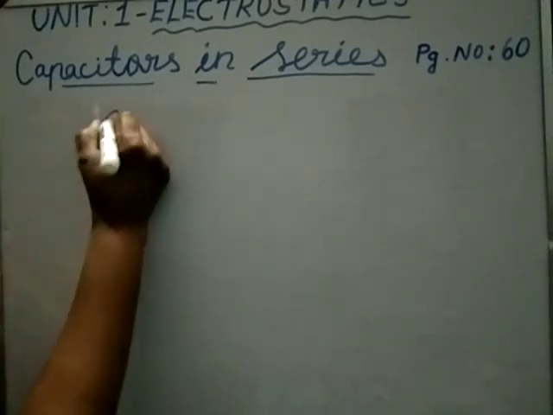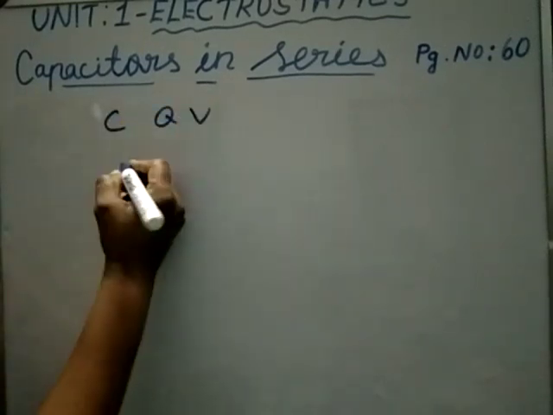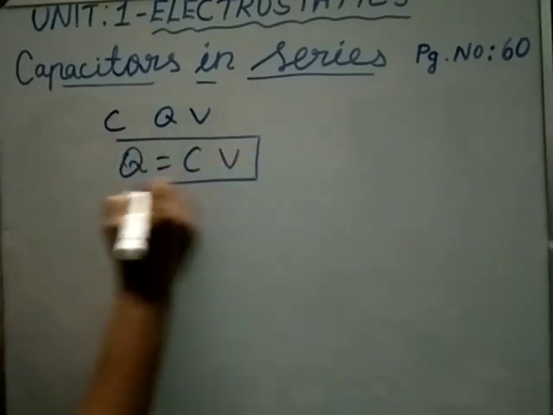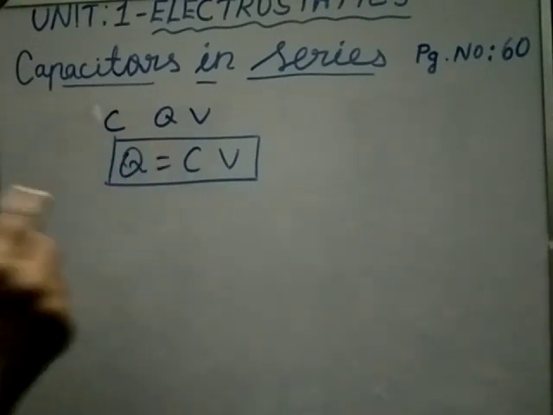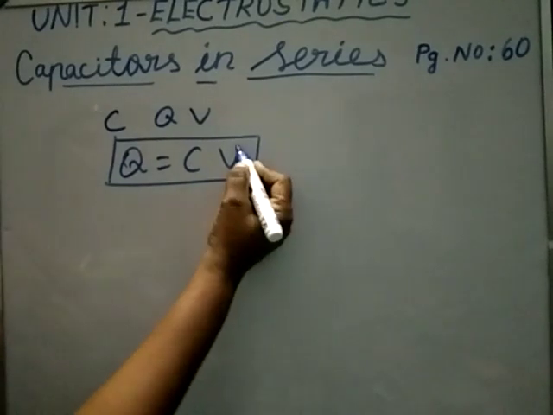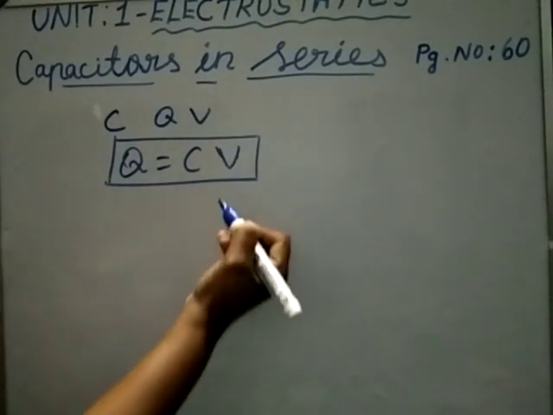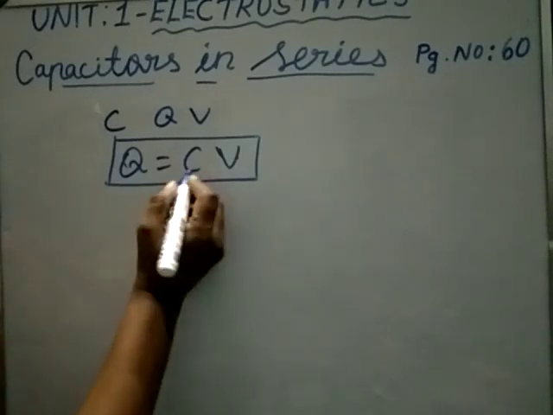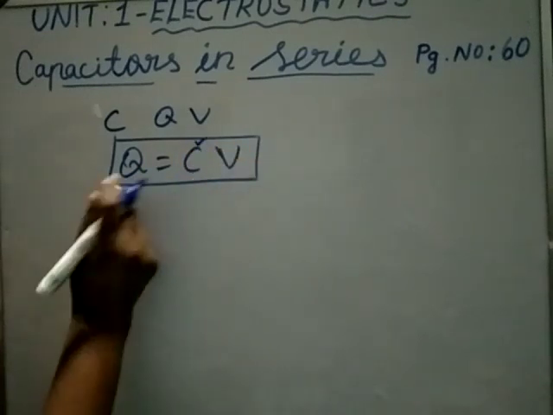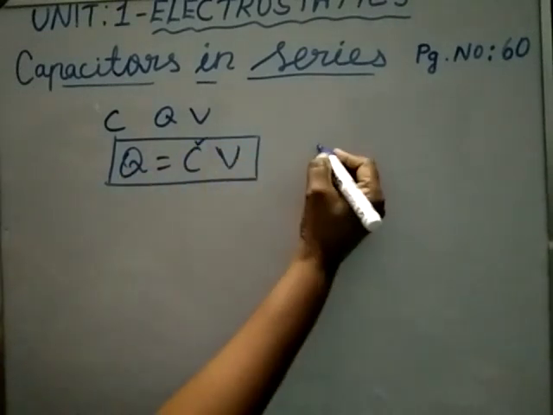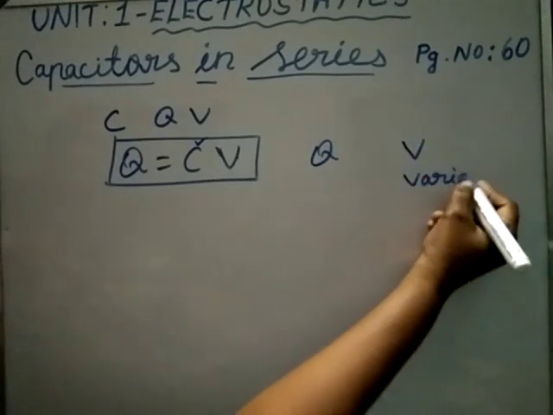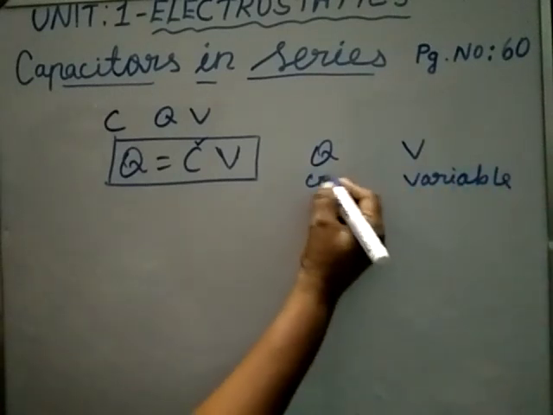We have one formula relating C, Q, V, that is Q equal to CV. Memorize this formula, Q equal to CV. Here Q is the charge, C is the capacitance, V is the voltage drop. Here we are going to find out the value of C. Except for C, we have two quantities, Q and V. Here V is the variable and Q is the constant.